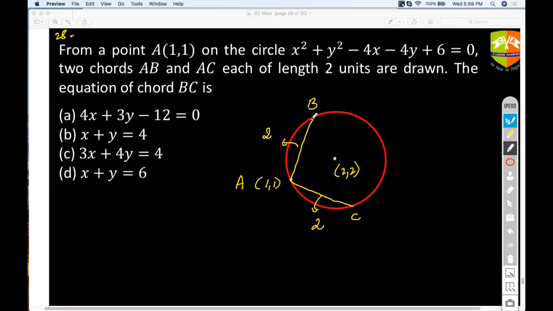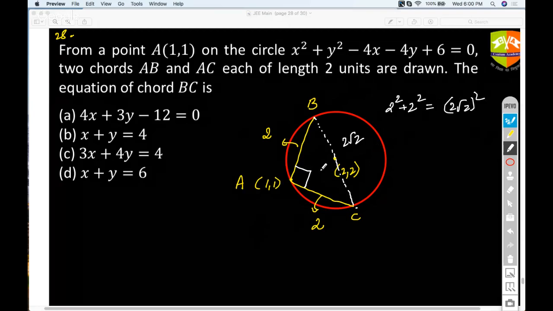Now, if you see the diameter, that would actually be containing your B and C, because the radius is going to be 2 root 2. So that's going to meet the Pythagoras theorem. 2 square plus 2 square is going to be (2 root 2) square, isn't it?